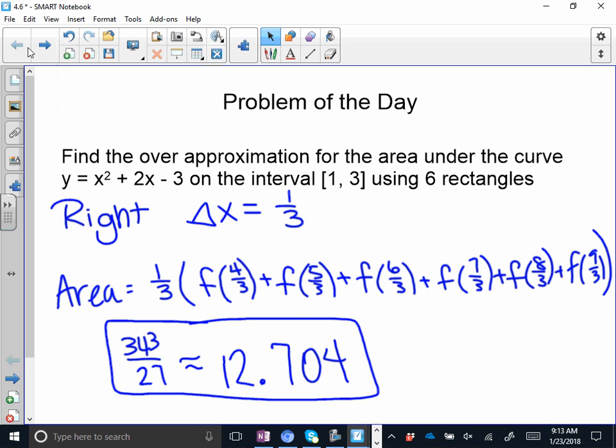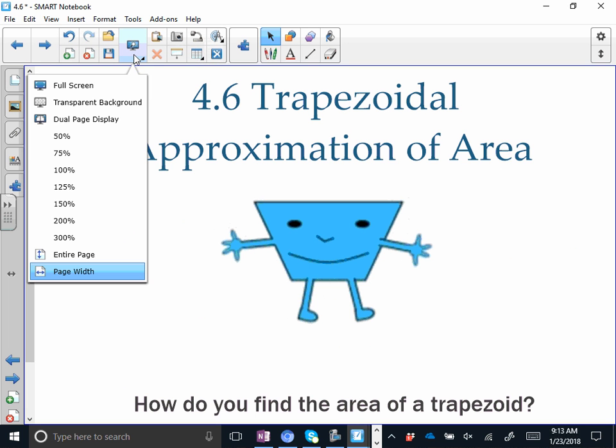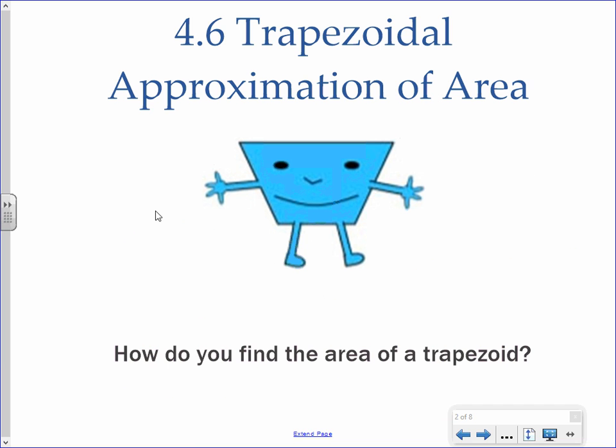The first thing I need you to discuss at your pod is how do you find the area of a trapezoid? That's a trapezoid, minus the arms and legs. So then wouldn't it just be based on... It's two.